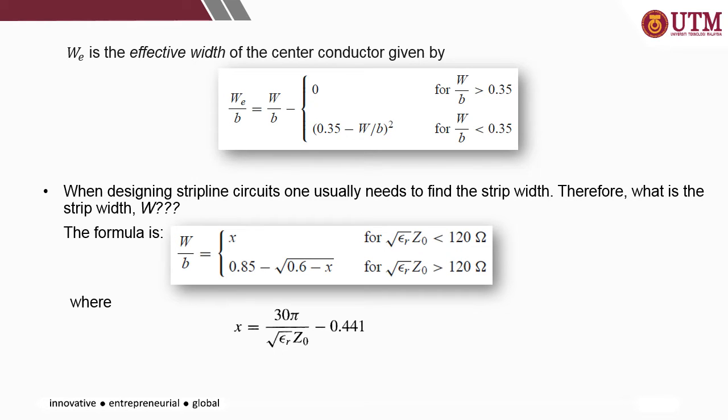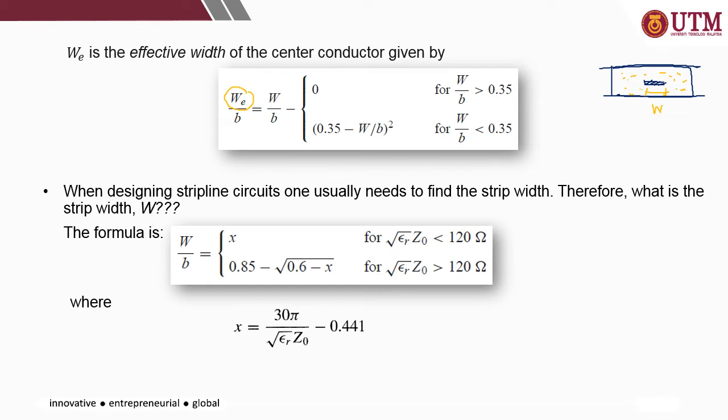Because the strip line lies in between two ground planes, and you have the dielectric materials in between. Due to the different properties of the materials that the strip line is exposed to, we need the effective width. The width here is W, so WE is the effective width due to the surrounding environment of the strip line.